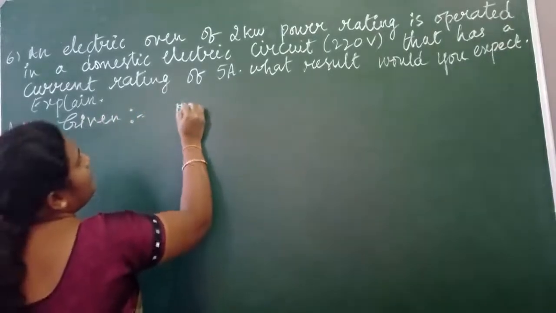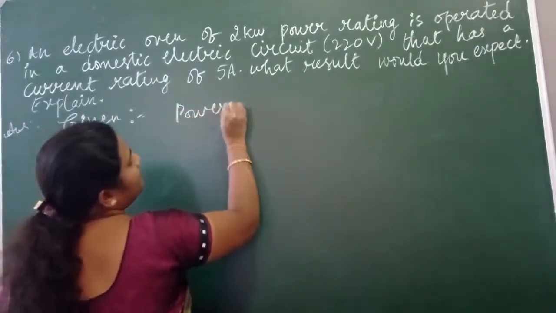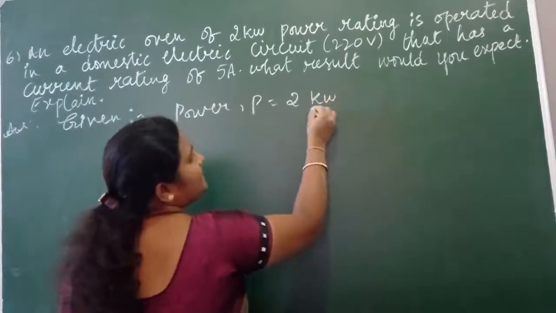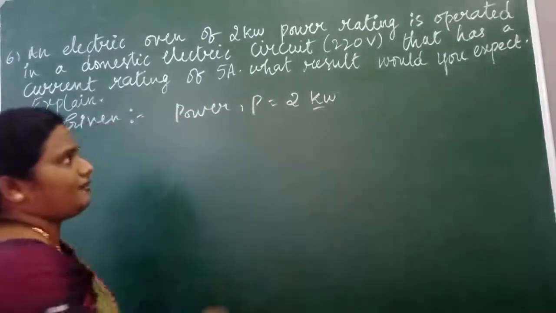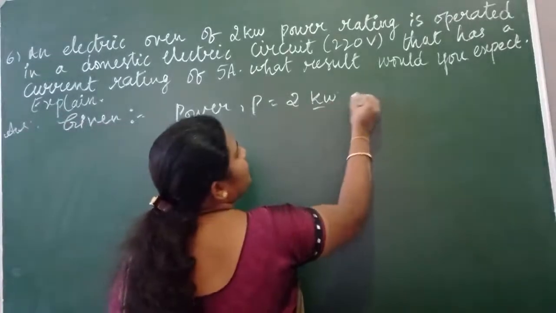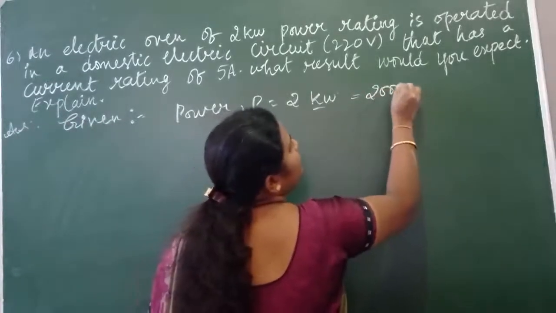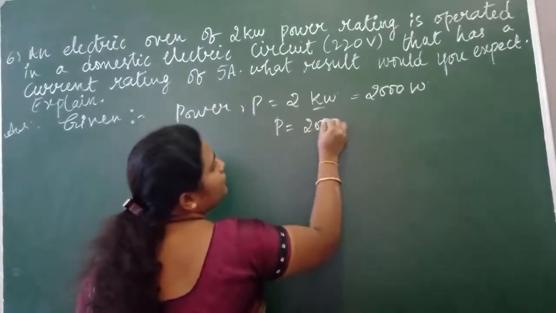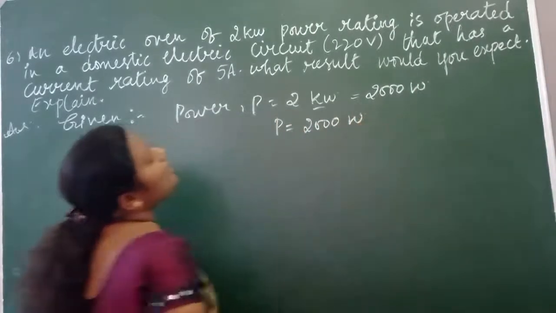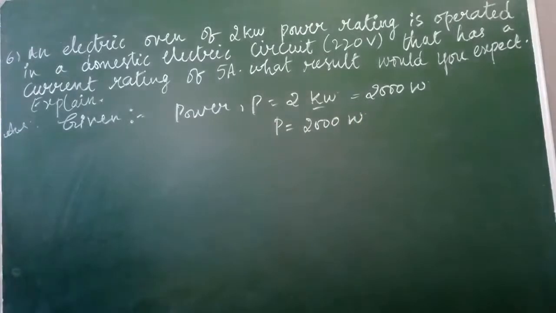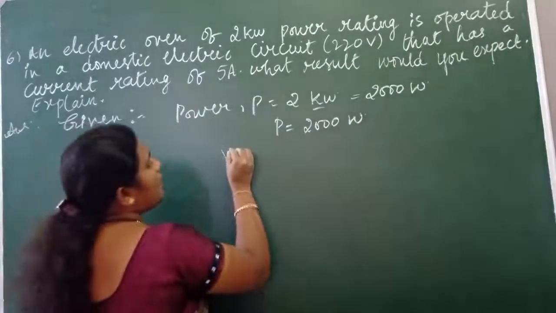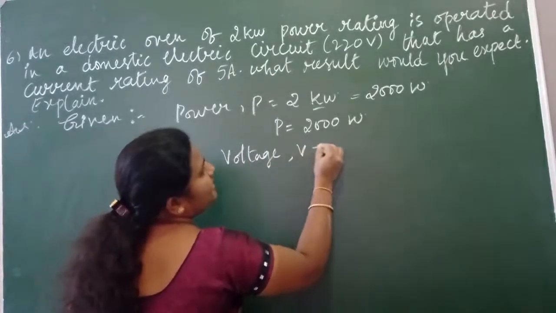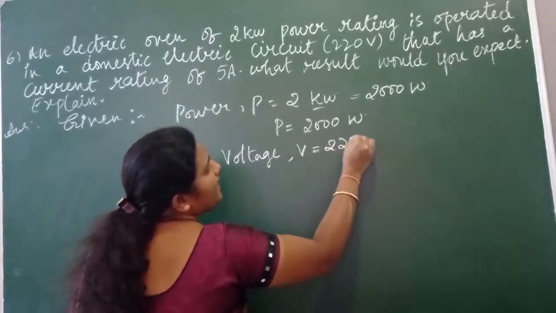That is power P is equal to 2 kilowatts. Since it is in kilowatts, children, convert it into watts, nothing but 2000 watts. So what is the P value, children? 2000 watts is the power value. Then voltage V is equal to 220 volts.